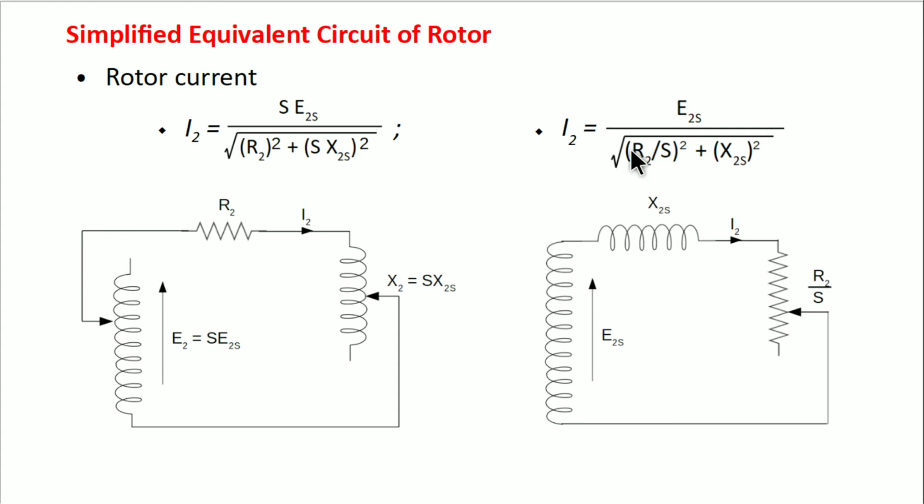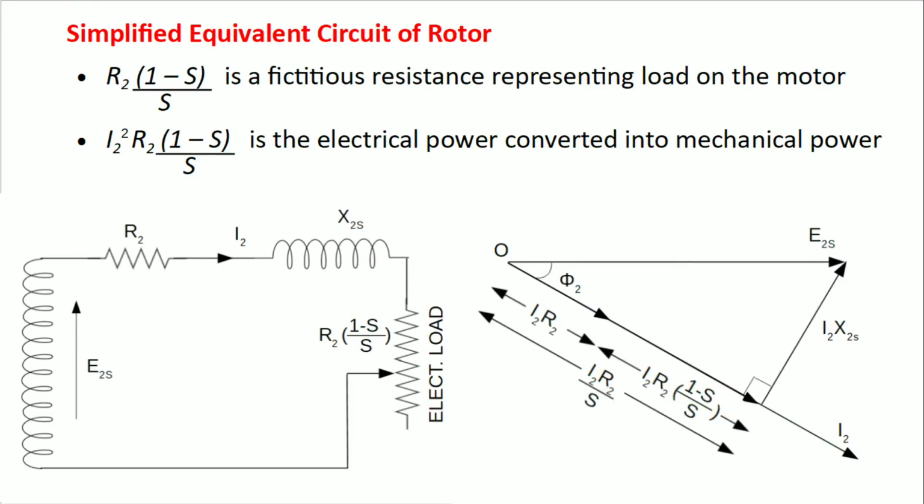Now R2 is divided by S in this equation. R2 divided by S means the resistance will now be variable. In the earlier case there were two variables, EMF and reactance. Now there is only one variable term, that is R2 over S. So the equation is mathematically somewhat simplified, but we will simplify it further.